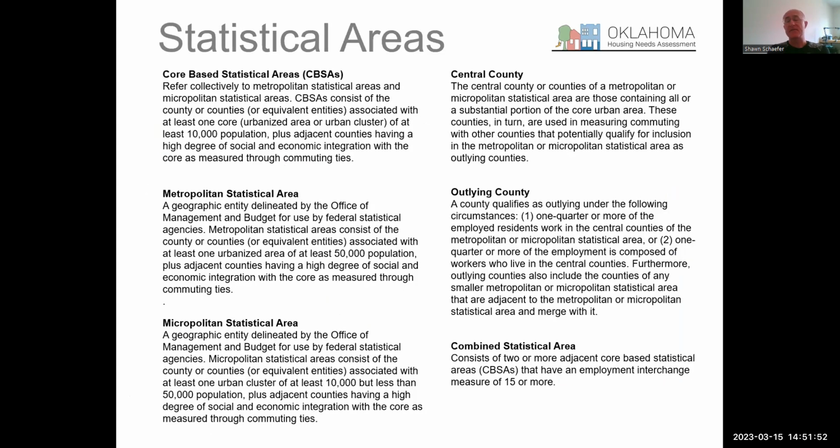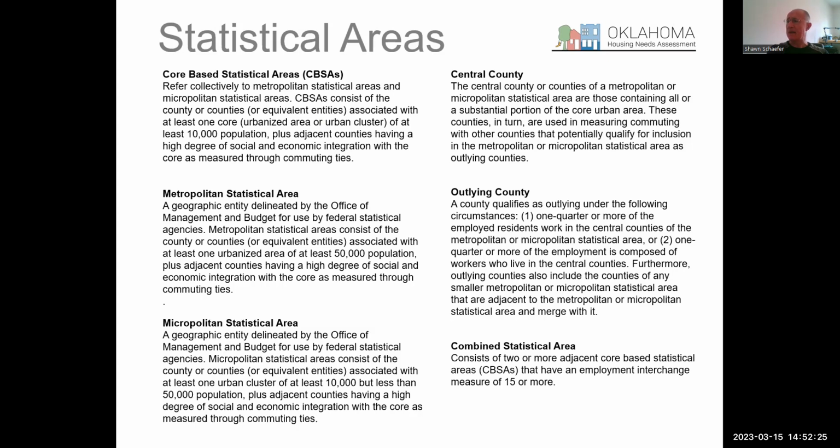Now, moving on, the Census Bureau also aggregates data for what they call statistical areas, and these come in different flavors. But what we're interested in is the core-based statistical areas that are collectively metro areas and micropolitan statistical areas. I've got the definitions up here, but basically, they both have to have a population of at least 10,000 in an urban cluster.